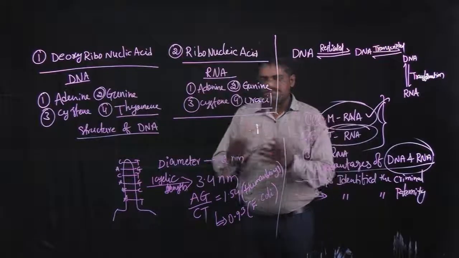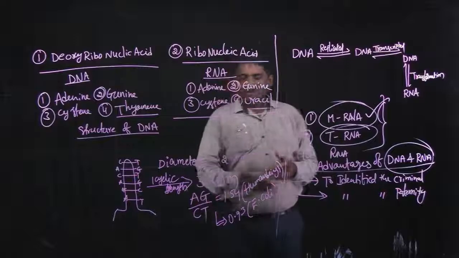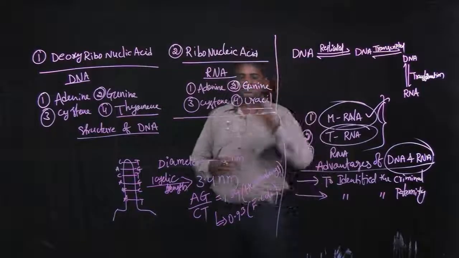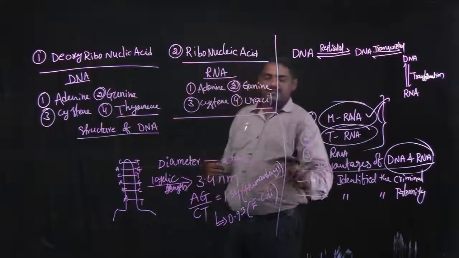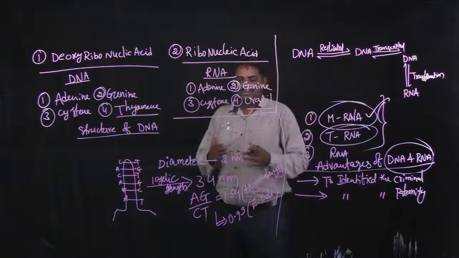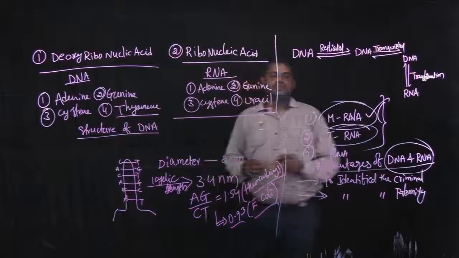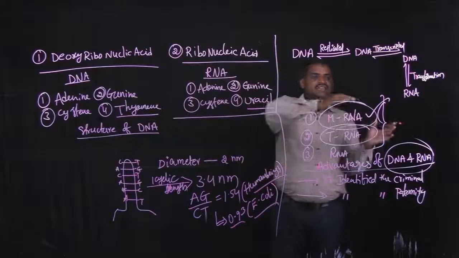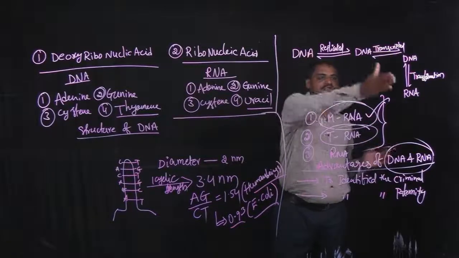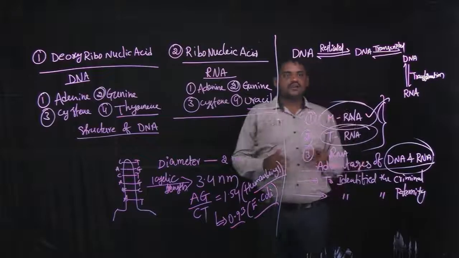For example, an AG by CT value of 1.54 indicates human beings, and a ratio of 0.93 indicates E. coli.